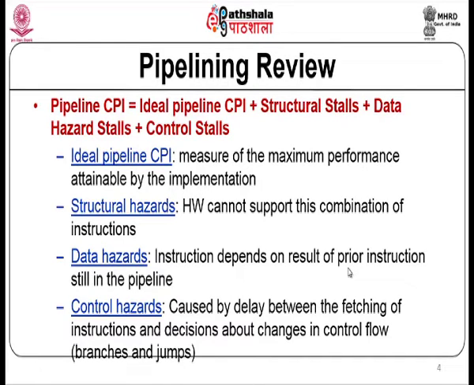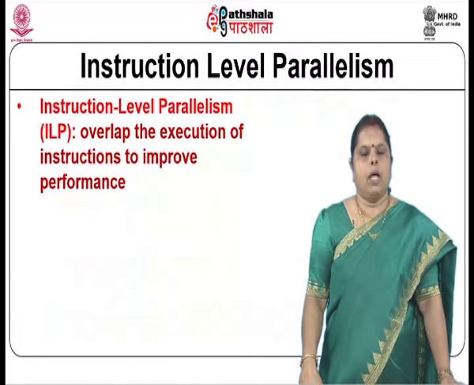You have data hazards because of data dependencies and name dependencies between instructions. You have control hazards because of control dependence, and because of that you can't do certain instructions out of order. All these give rise to stalls, and these stalls increase the pipeline CPI of your ideal implementation. So you can't just have an ideal pipeline CPI of 1. All these stalls will increase the pipeline CPI.